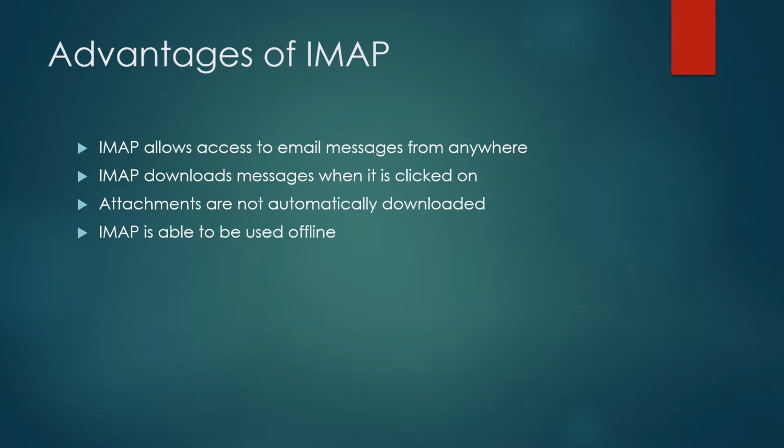Attachments are not automatically downloaded with IMAP. This allows you to check your messages a lot more quickly, and you have greater control over which attachments are opened. And finally, IMAP can be used offline, just like POP3. You can enjoy the benefits of both protocols in one.